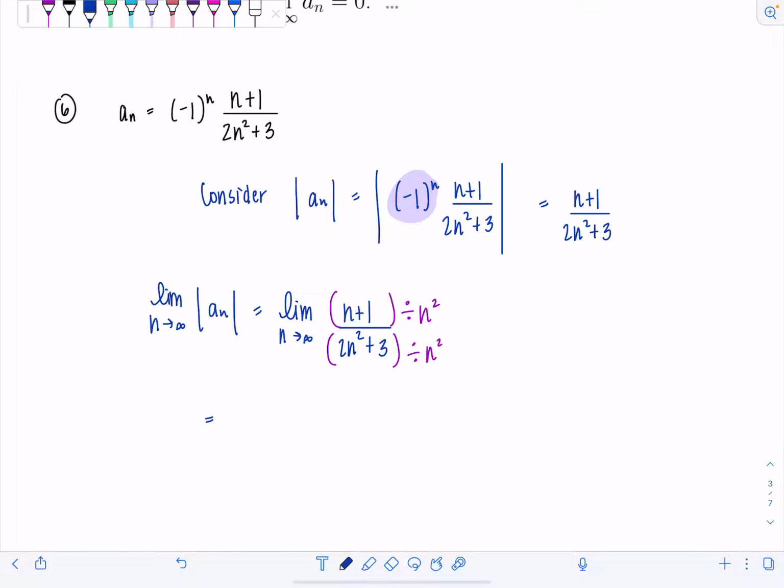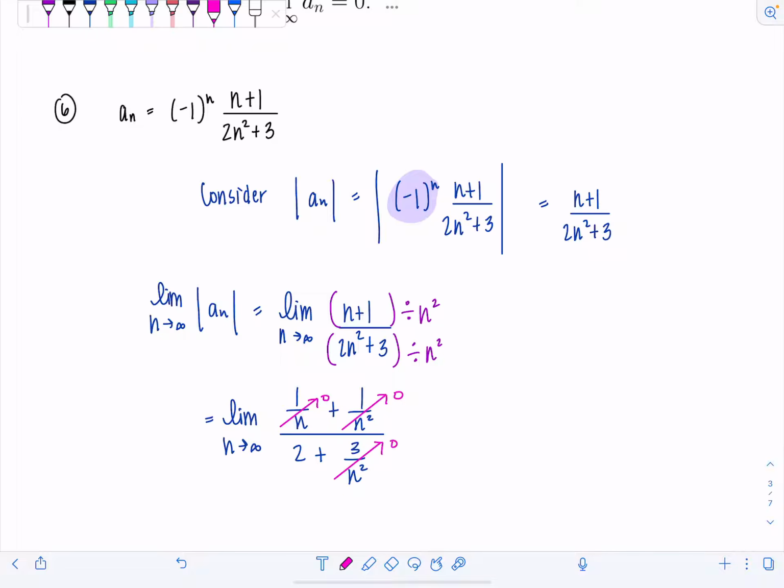And then let's see, we've got the limit as n approaches infinity. n over n^2, that's 1 over n, plus 1 over n^2. And then down here we have 2 plus 3 over n^2. Okay. 1 over n is going to 0. 1 over n^2 also goes to 0.